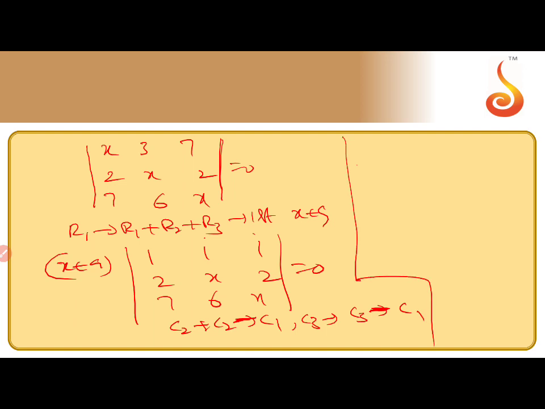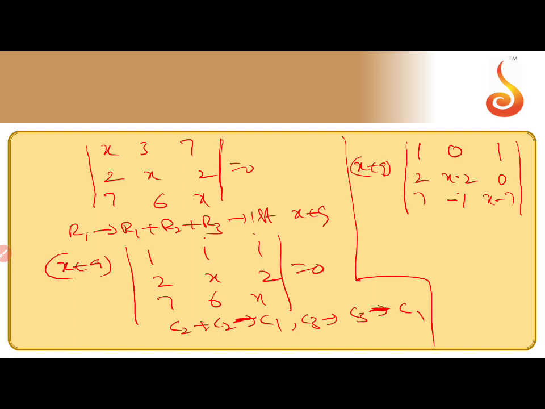Then what will happen? The first column is the same. 1 minus 1 is 0, you get x minus 2. Now 6 minus 7 is minus 1. So C3 minus C1, 1 minus 1 is 0, 0 and x minus 7.